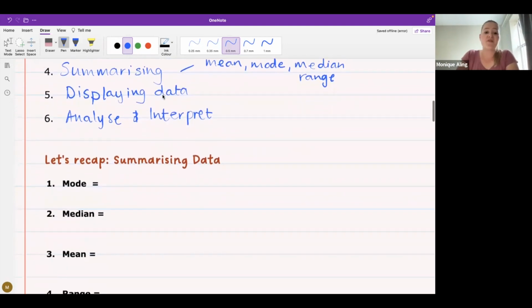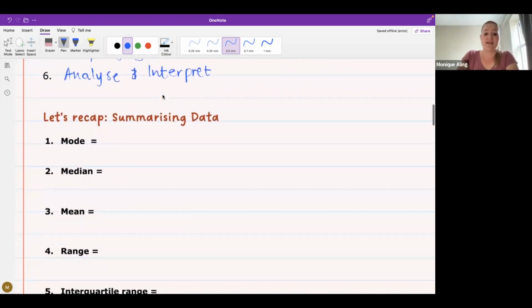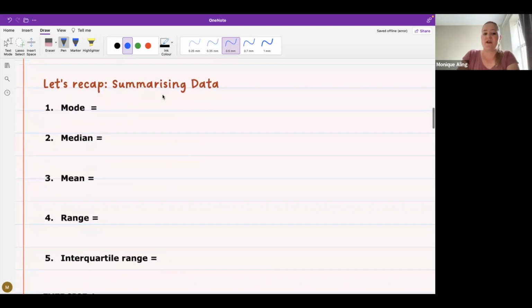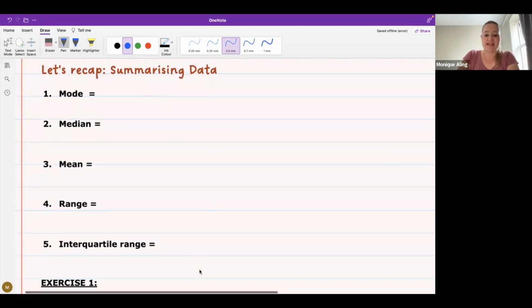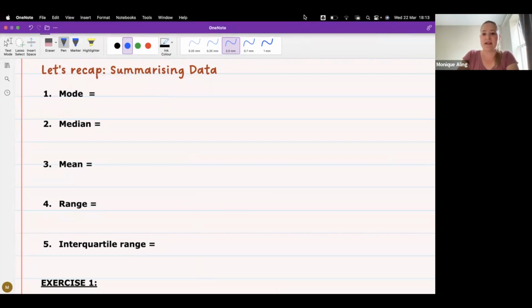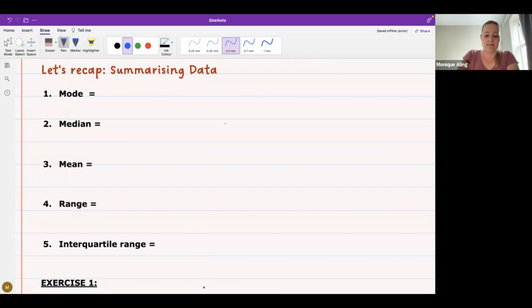Okay, then we're going to recap the summarizing data part. So we're looking at 5 important things here. Who can remind us about what the mode is? Most popular number or the most common number, the number that we see the most of, the most occurring.